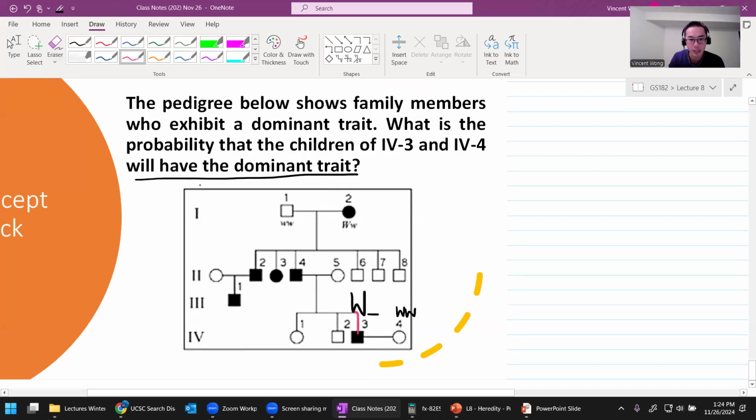Okay? So if we trace back to the mother, she does not have the trait. We're not sure what the trait we're talking about here is, but she doesn't have it, so she's going to be small w, small w. Okay. This is not sex linked, right? By the way, it's just regular on the autosomes.